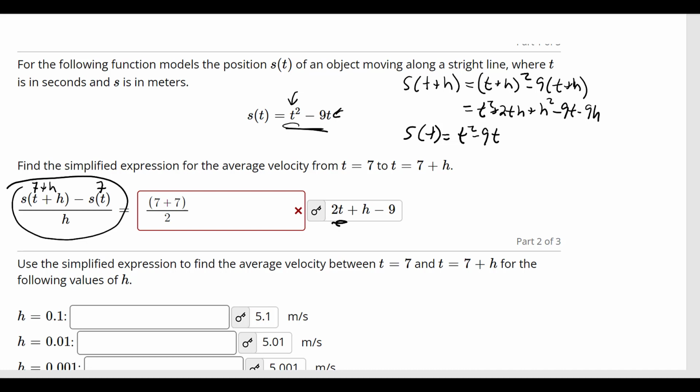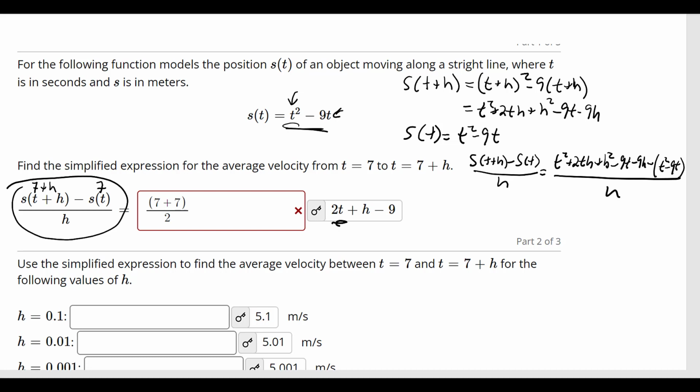So when we look at the difference quotient, the s of t plus h minus s of t all over h, what we're seeing is this t squared plus 2th plus h squared minus 9t minus 9h minus the t squared minus 9t, all over h.